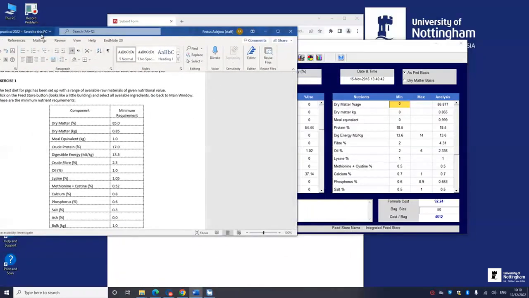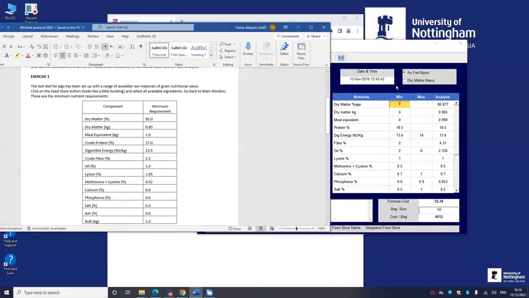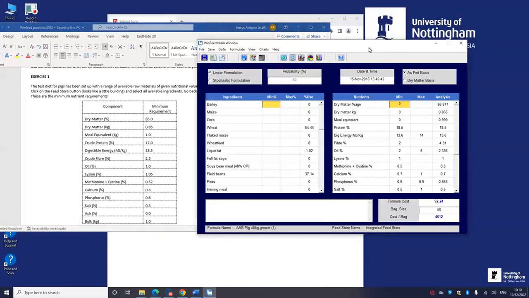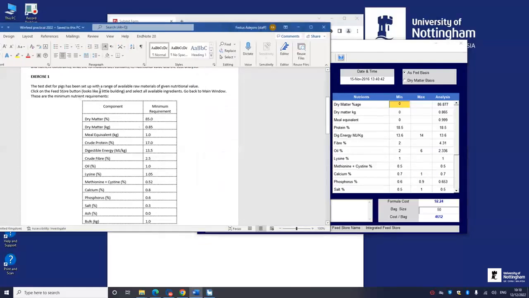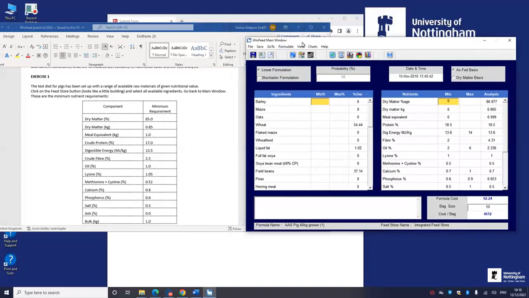And now I want to set a whole lot of constraints. The test diet for pig has been set with a range of available raw materials of given nutritional value. Click on the feed store button, it looks like a building, and select the available ingredients. So here you can go to feed store.